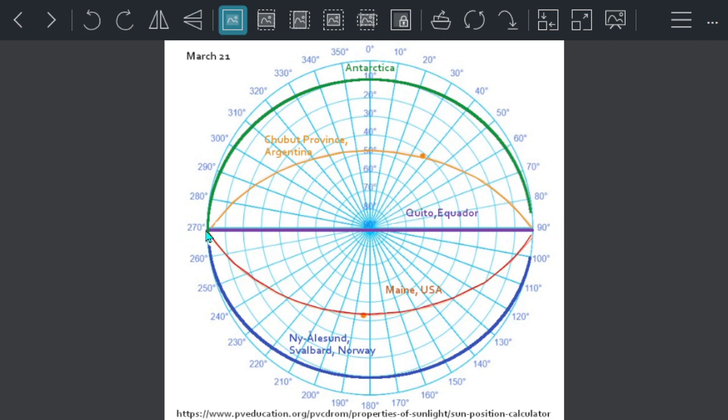So here's the 90-270. Here's the line you saw for Argentina. That's the halfway point below the equator, south of the equator. And then far south of the equator is Antarctica. So it's a more extreme arc. And the mirror image, of course, in Maine, USA, which is about the 45-degree latitude.